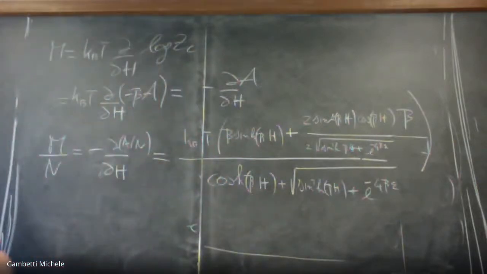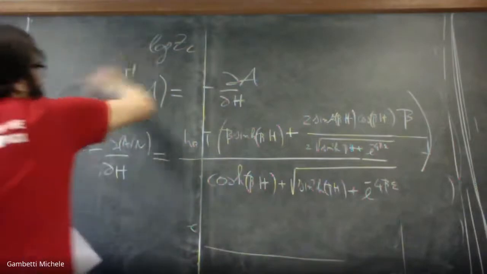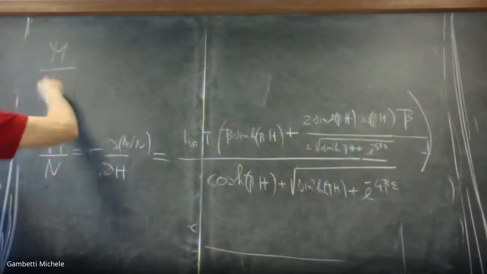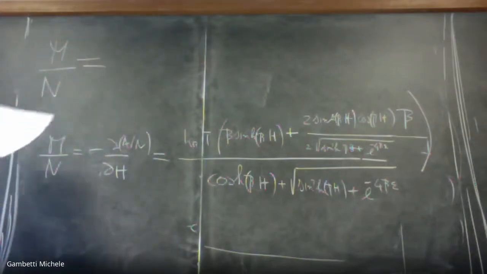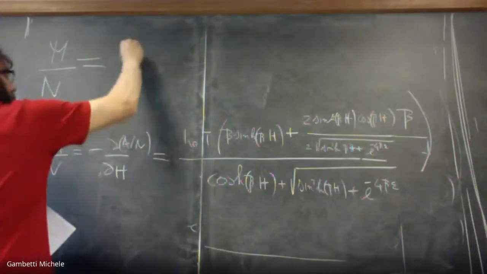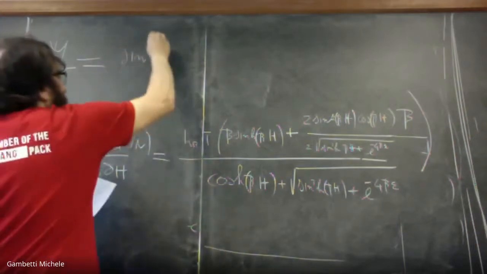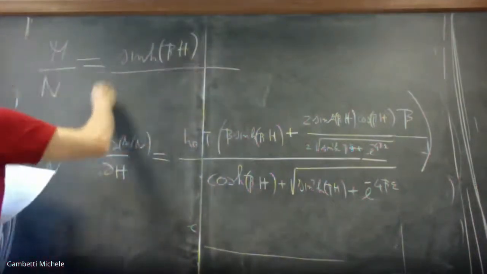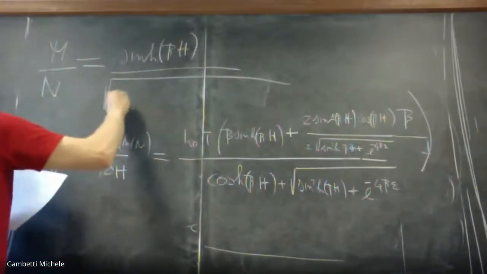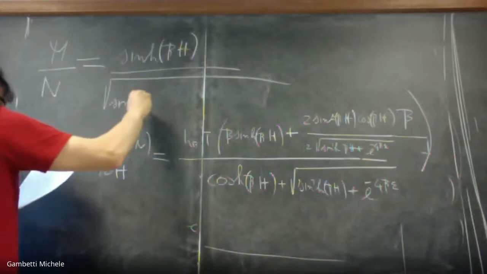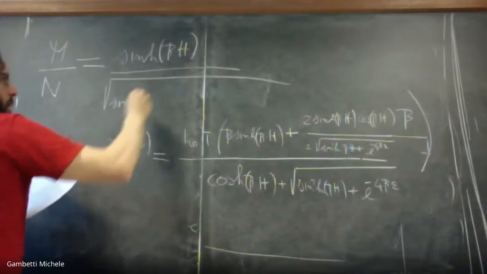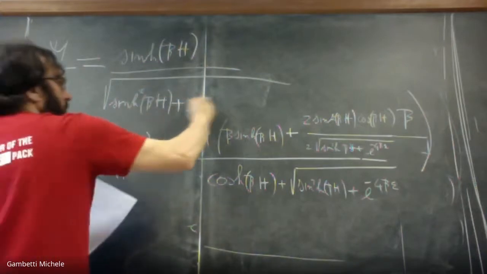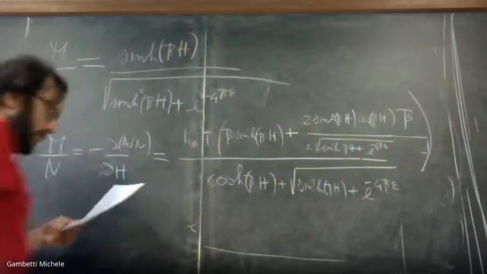And at the end, doing the algebra, you get this nice formula: M divided by N, which is the magnetization per particle, is sinh of beta H divided by the square root of sinh squared beta H plus e to the minus 4 beta epsilon.